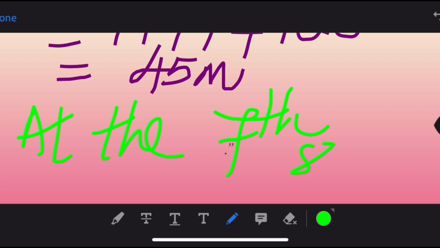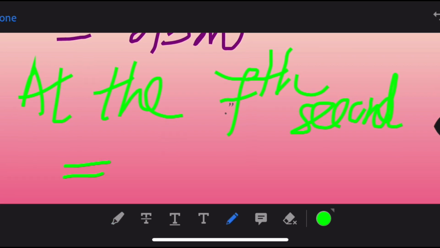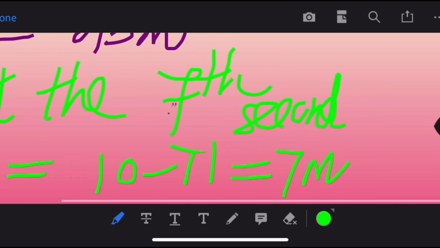So in the 7th second, the particle actually travels, you can write like this, 0 minus 7 or 7 meter, right? So this is the answer for you to find the answer in the 7th second.